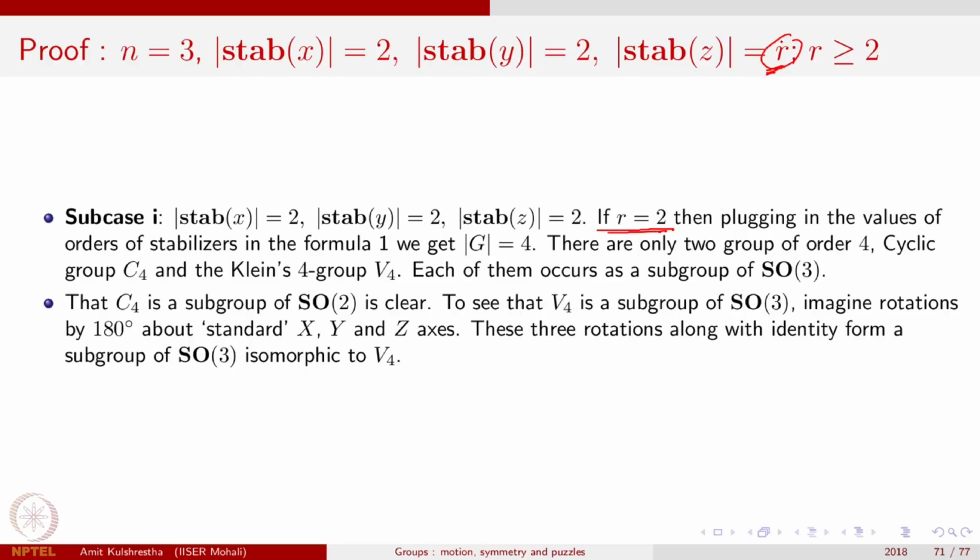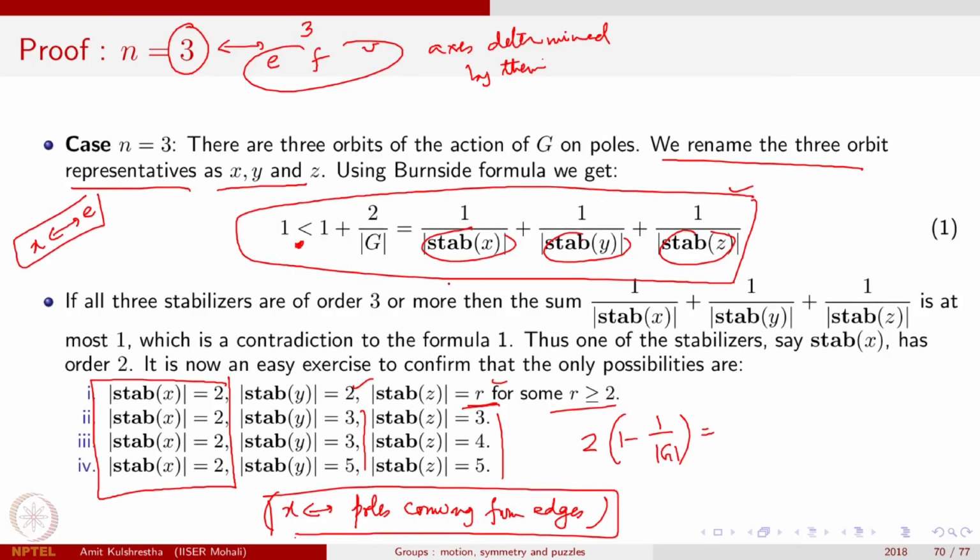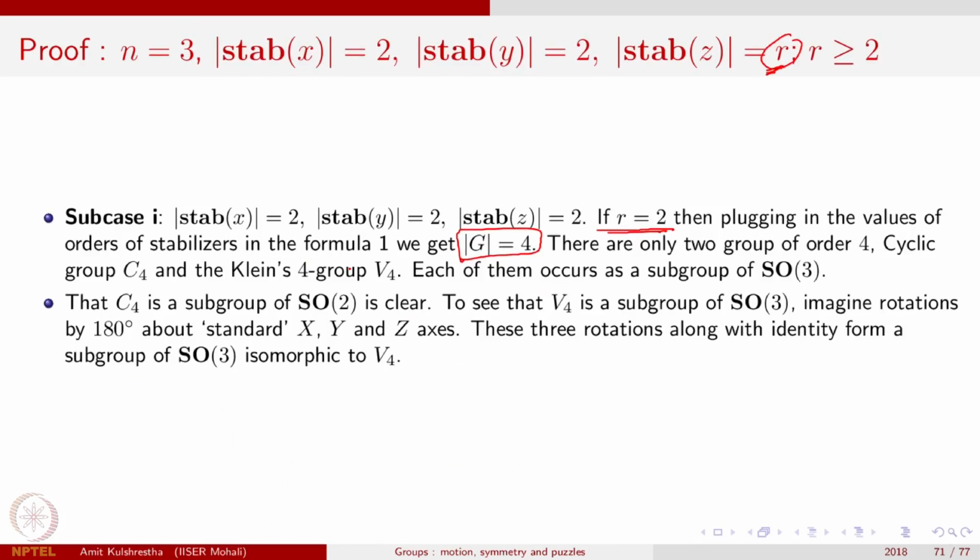Then in one of the earlier formulas, if we put all these values, which formula? This one. So here everything is 2, 2, 2. So 1 by 2 plus 1 by 2 plus 1 by 2 is 1 plus 2 by mod g, and that gives us that order of g is 4.